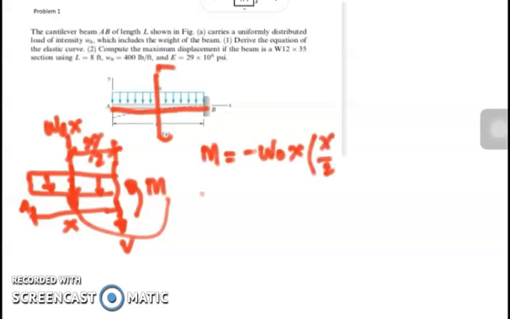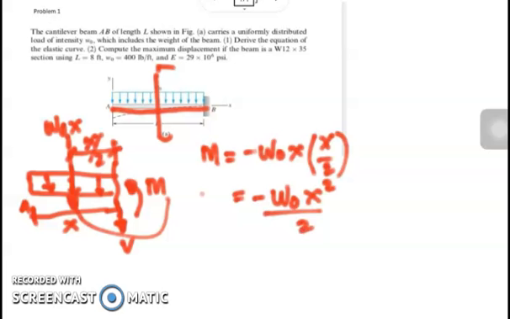Our moment here will be equivalent to, since this will rotate in a counterclockwise direction, negative W sub O times x multiplied by x over 2. This is the moment arm distance from the centroid towards the reference point on the cut section. Therefore, this is negative W sub O x squared over 2. This is now our moment.